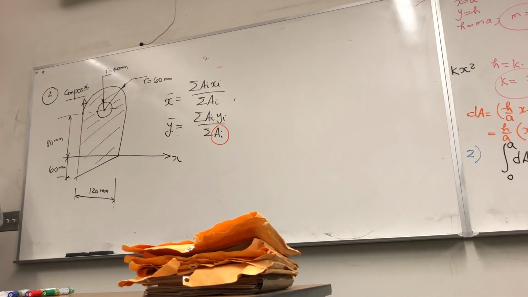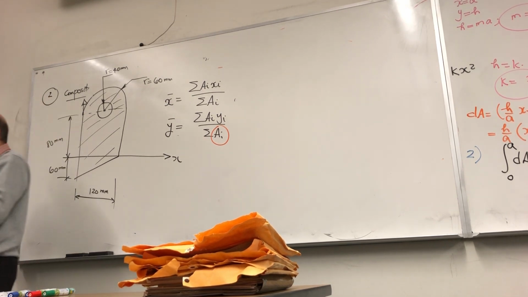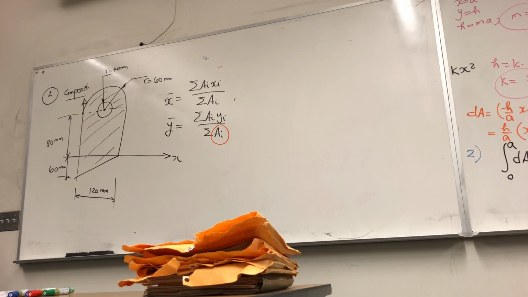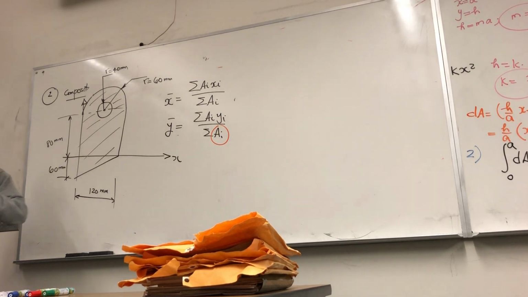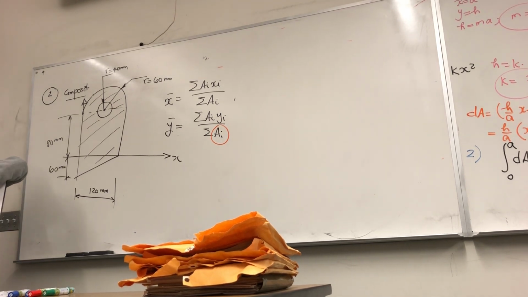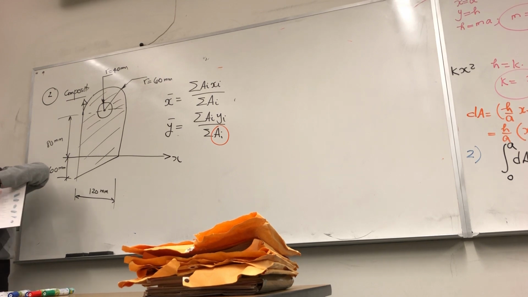You would subdivide this shape into simple geometric shapes. What I mean by simple geometric shapes, things like a rectangle, a triangle, a circle, half a circle, quarter of a circle. In your book, for all those simple shapes, you're given a table that tabulates the centroid of each of those shapes.